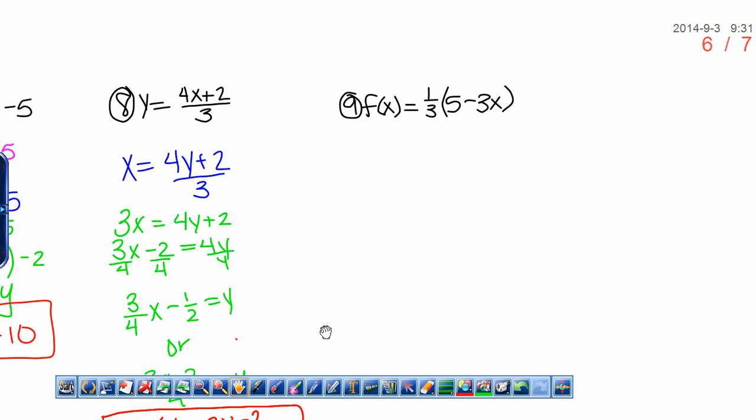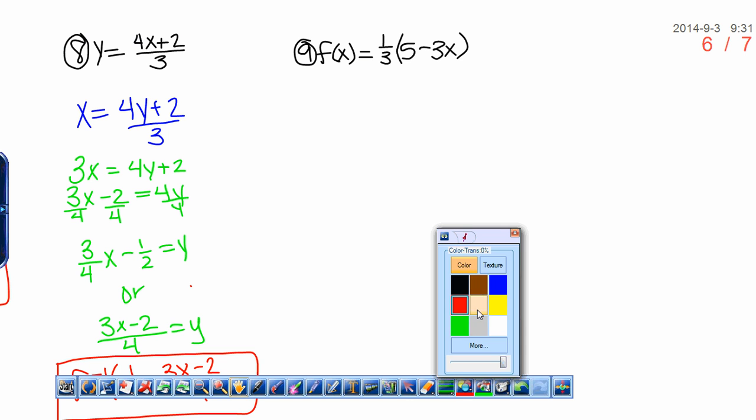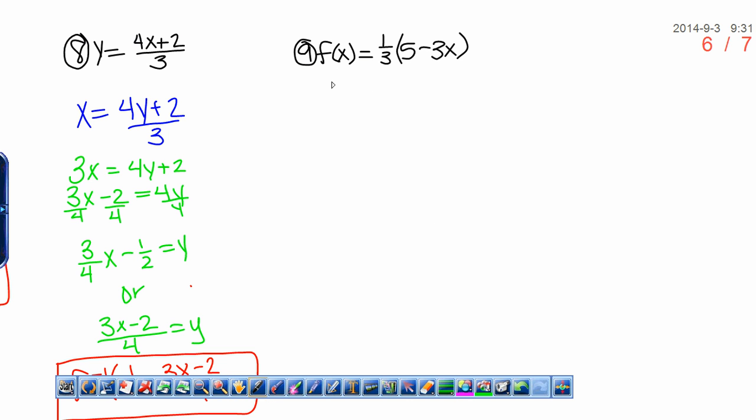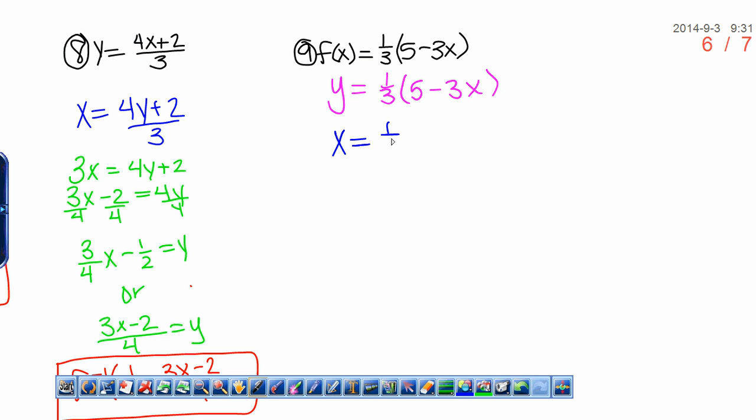Okay. Let's look at number 9. To start, I would go ahead and rewrite as y equals, right? And then switch my x and y. Again, if you're doing that in one step, that's okay. It's really important, though, that you do show me you're switching x and y. Okay. There are 2 ways that you could start solving for y. What could you do?